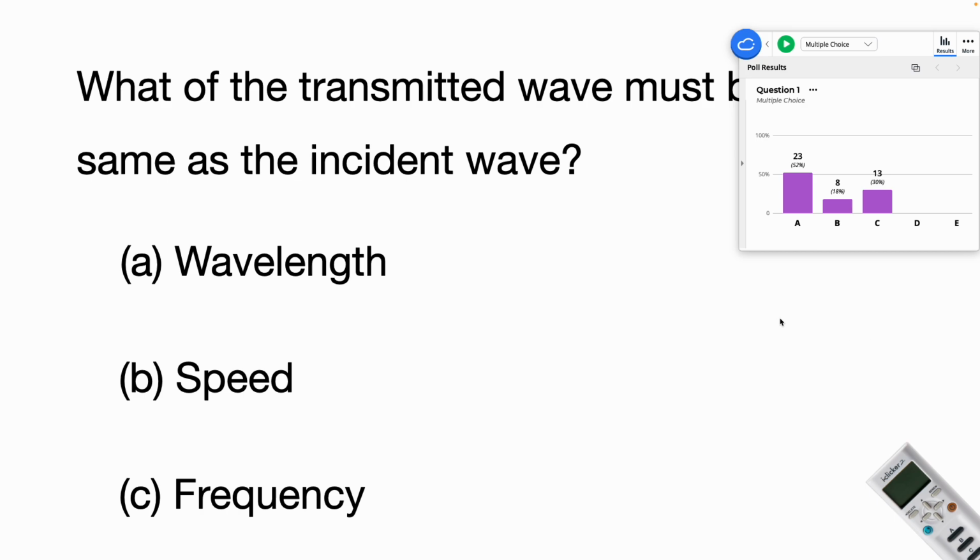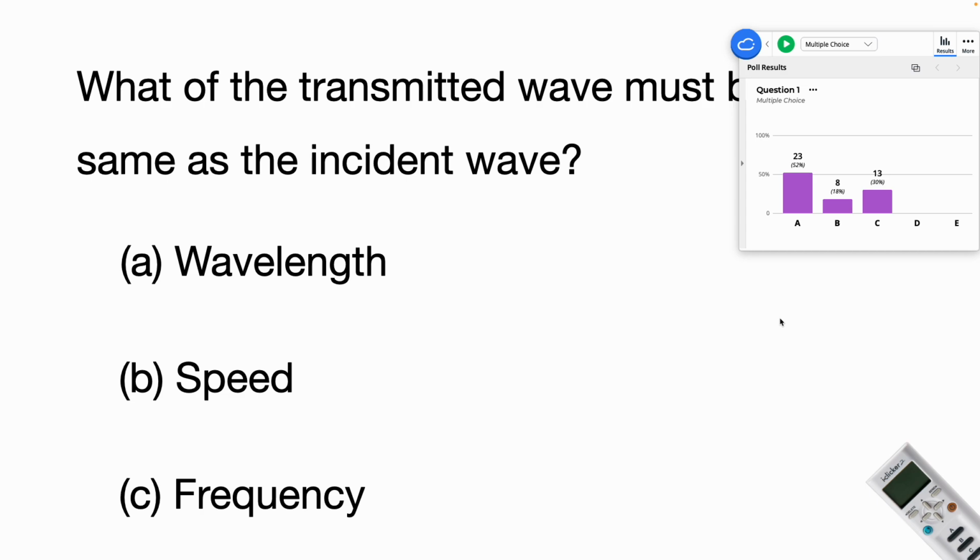Okay, so let's say this is the new medium. A wave has a frequency, so the incident wave will hit the new medium with a frequency. Every time the incident wave hits the medium, the transmitted wave gets generated in the new medium.